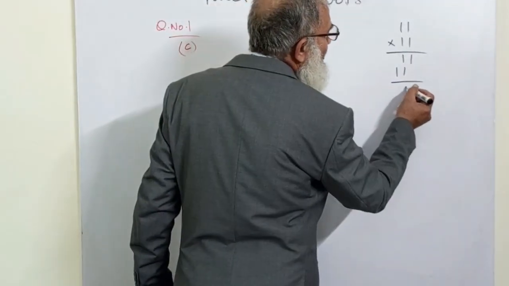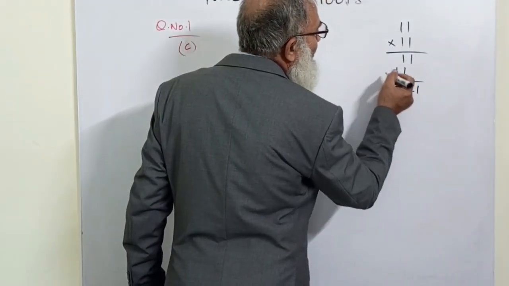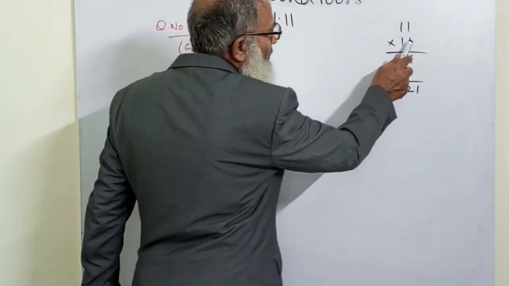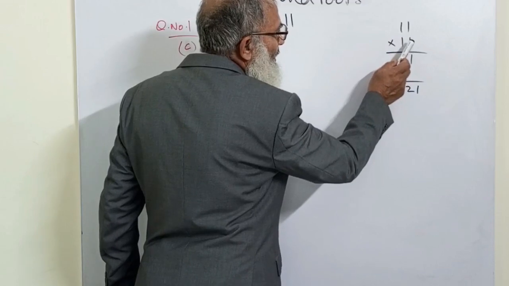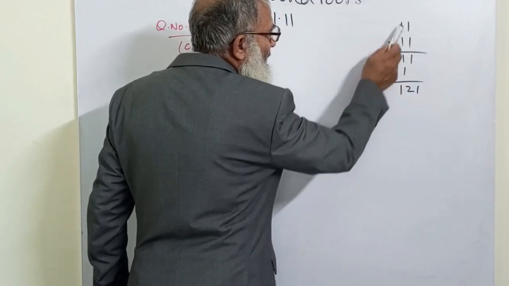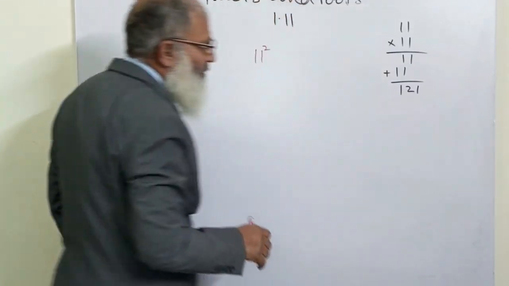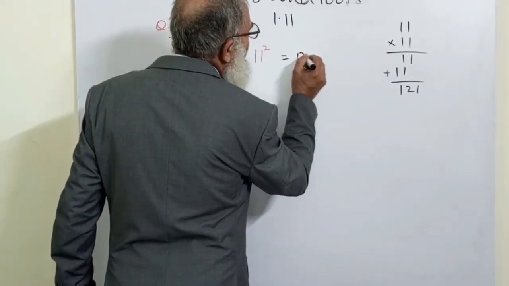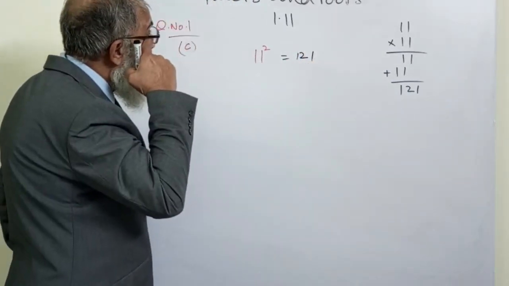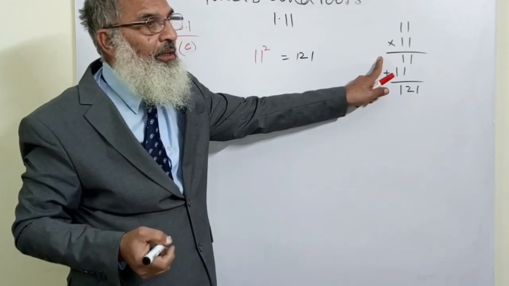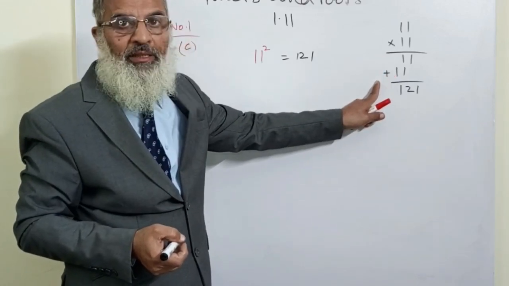What is the answer? 1 times 1 is 1, 1 times 1 is 1, 1 times 1 is 1, 1 times 1 is 1. So the outcome is 121. There are other methods of multiplication also available, but the simplest is this.